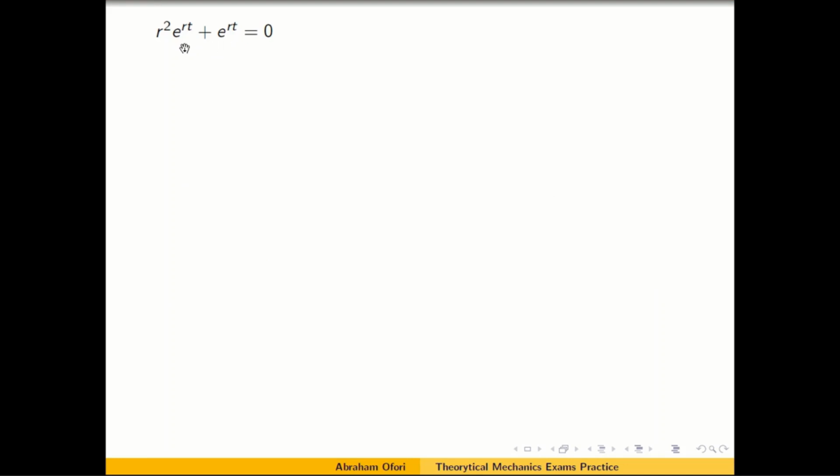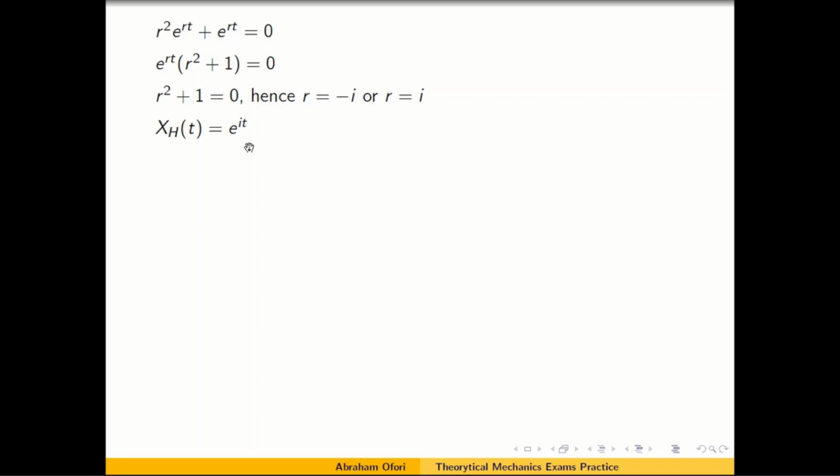After putting it in, this is what we get: r squared e to the power rt plus e to the power rt equals 0. So we factor e to the power rt out like usual, then we get this, and we know that e to the power rt will never be 0, so we just equate this side to 0. r squared plus 1 equals 0, and hence our r is equal to plus or minus i.